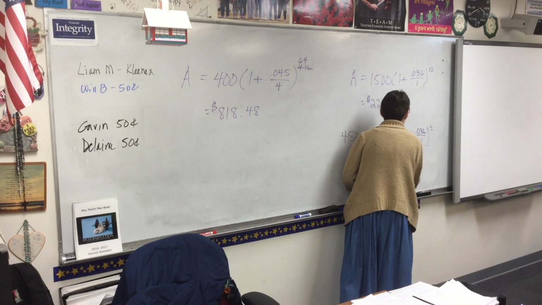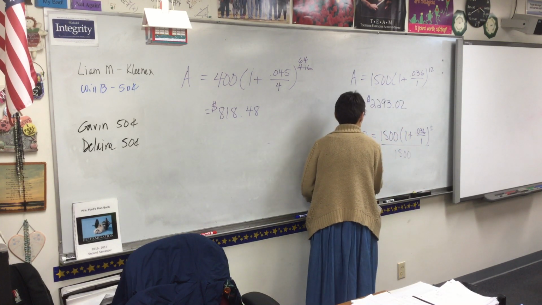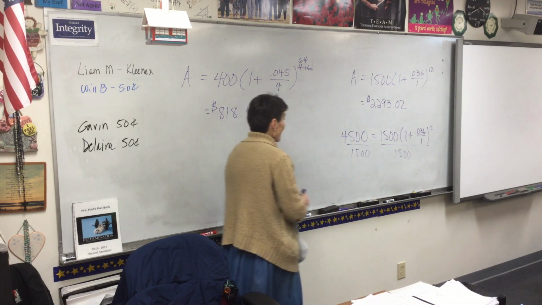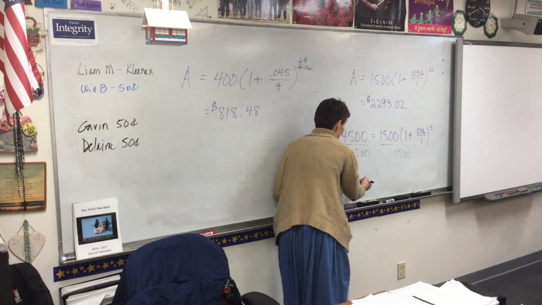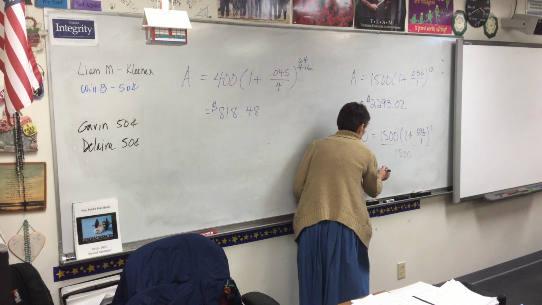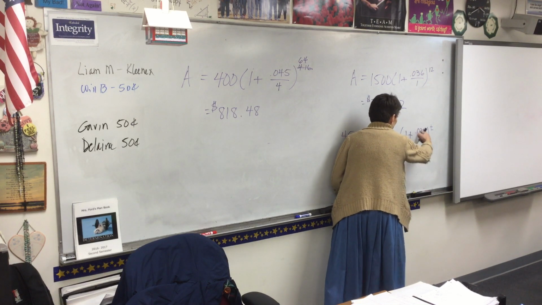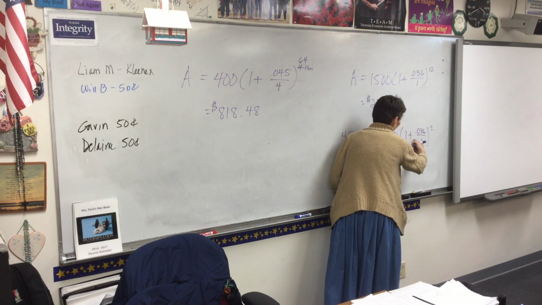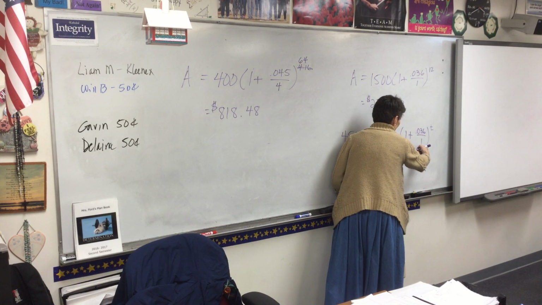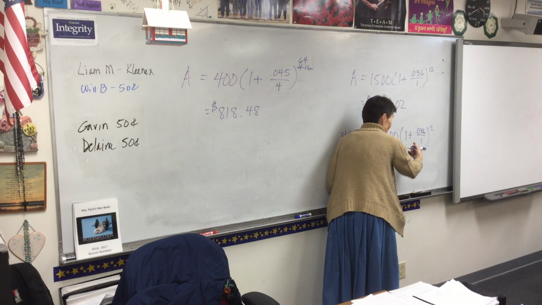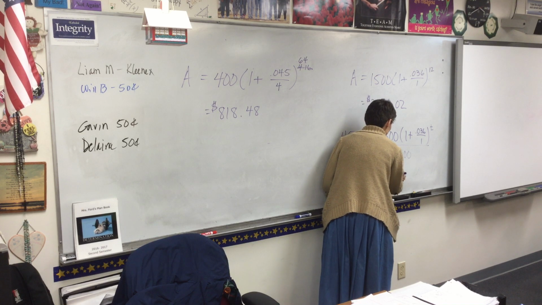So I'm going to divide by 1,500. And that, of course, is just going to give me 3. I can keep writing this out, but really what is that? Since that's divided by 1, it's just 0.036. Isn't that just 1.036?